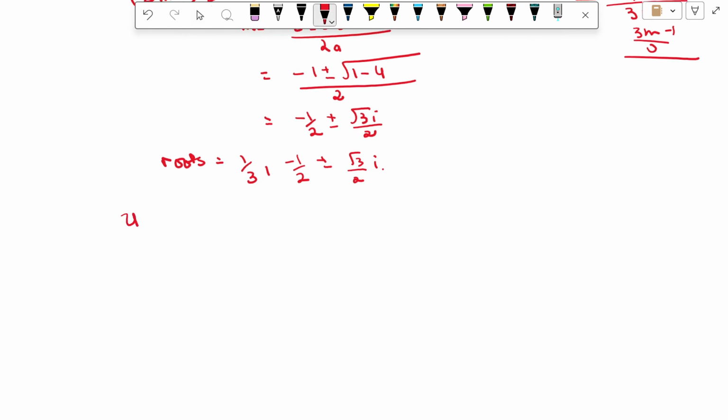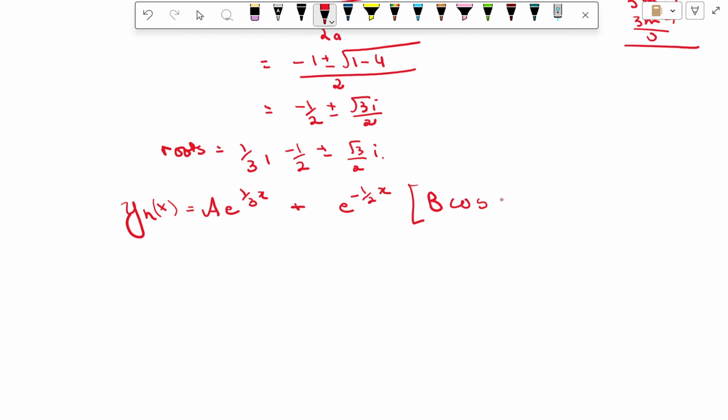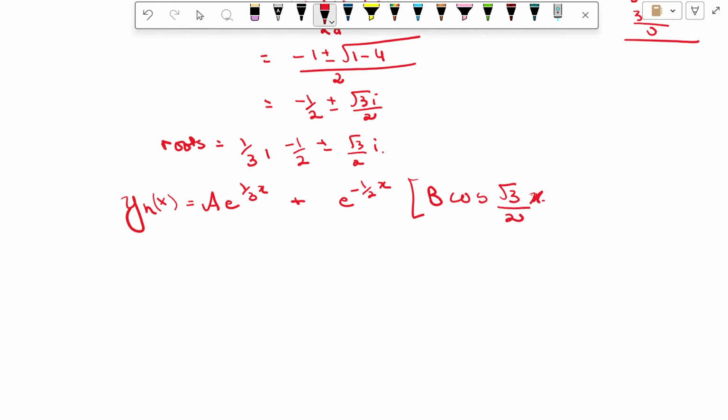So the homogeneous solution will be e raised to power 1 by 3x with a coefficient a, plus e raised to negative half x times b cos and c sin. Because it's a complex number, we just need the real part on e and the complex part on cos and sine. And because the multiplicity is only one, we don't need to put any other coefficients.